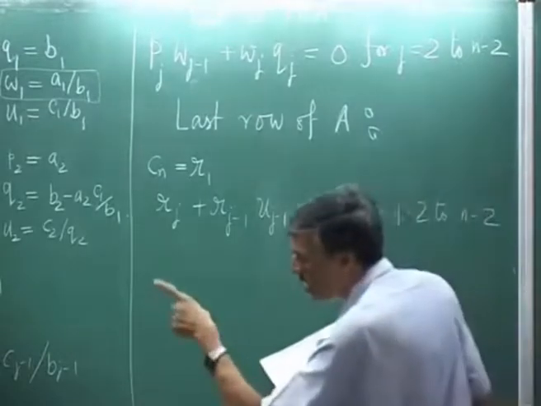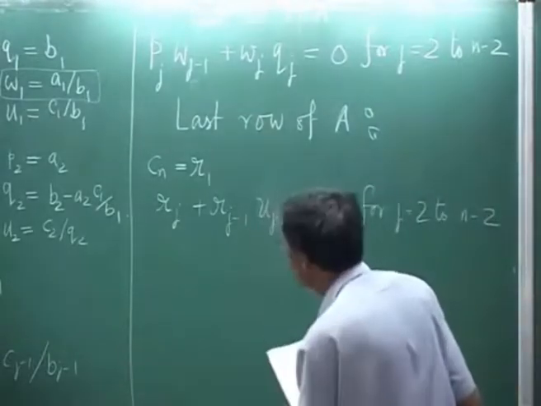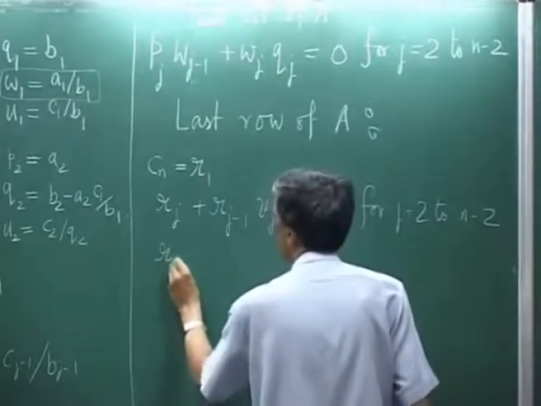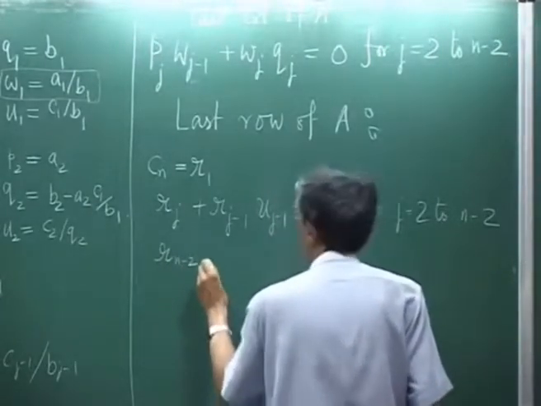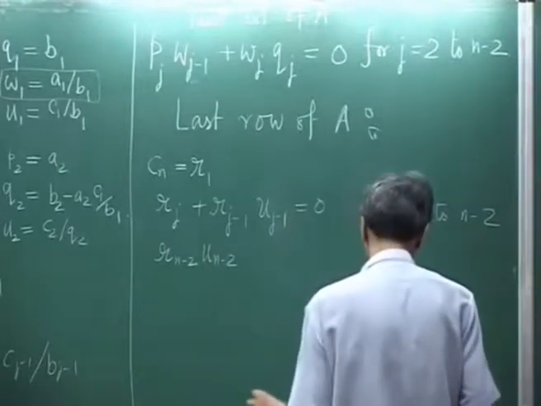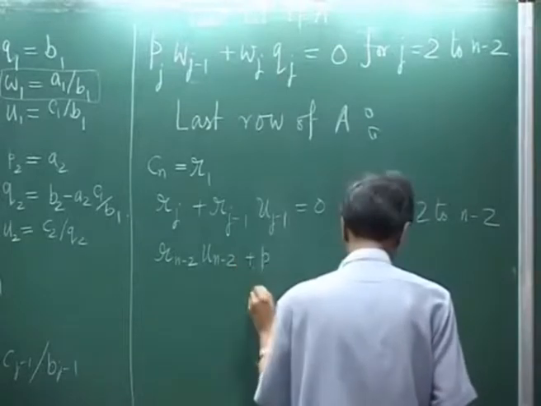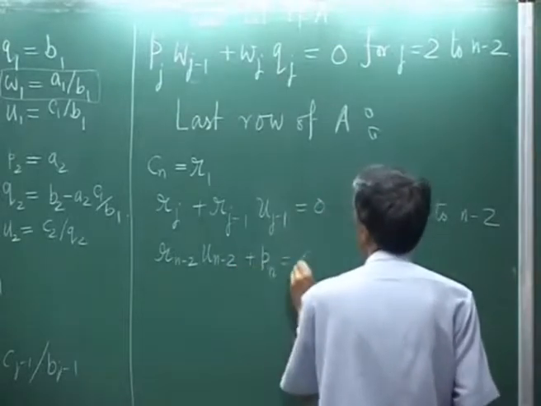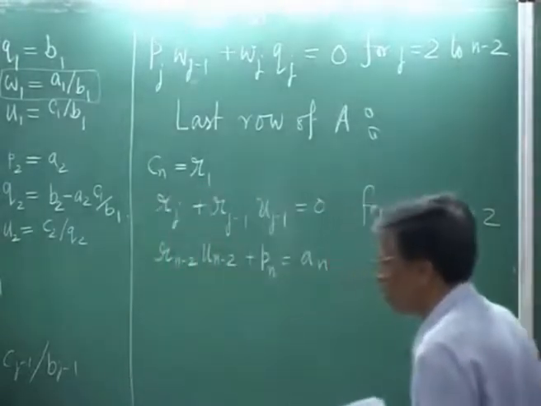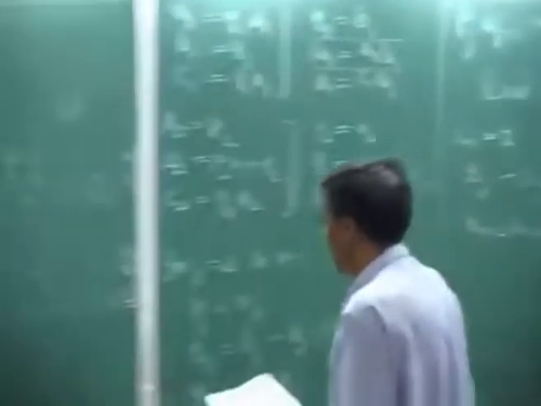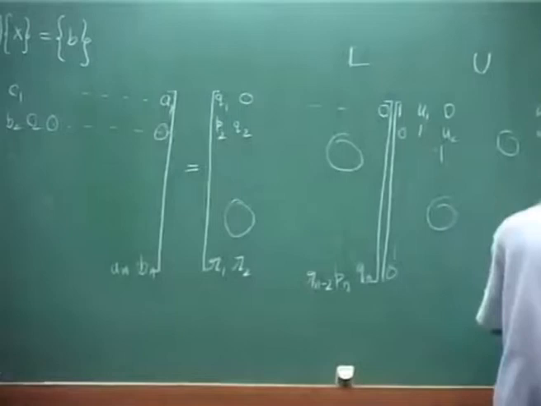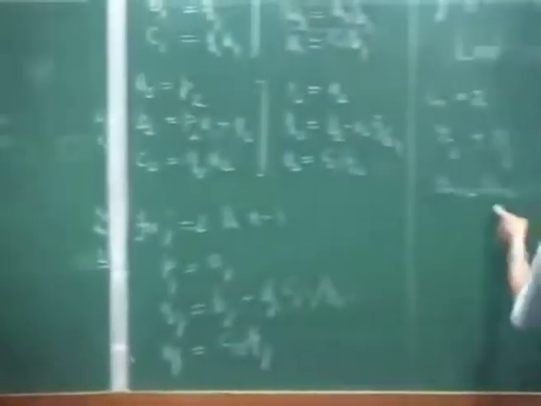And the second last entry that we notice there will give us R n minus 2 U n minus 2 plus P n is equal to A n. So, we have just multiplied this one with the second last element, and that gave us this relationship.